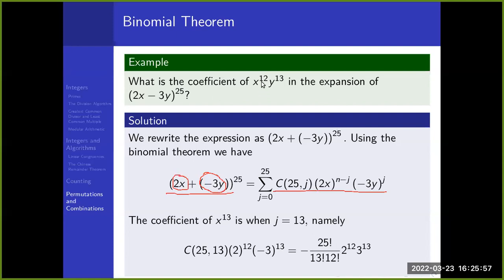So your interest is to find x raised to 12 multiplied by y raised to 13. So that will happen when this quantity is 12 and when this one is 13. So if j is 13, you'll have 25 choose 13, but we have a 2 here, right?